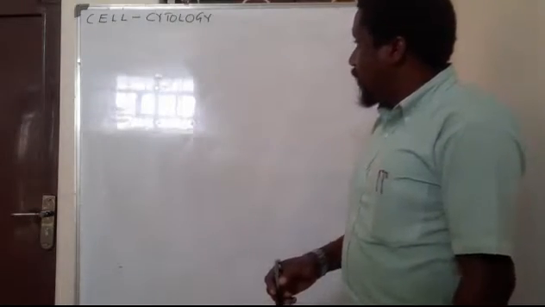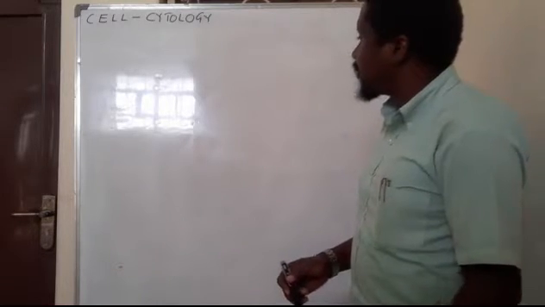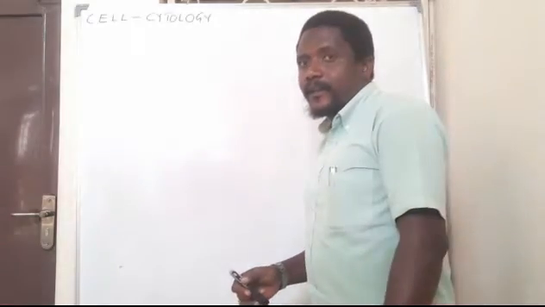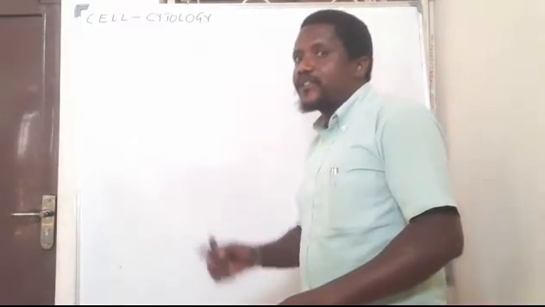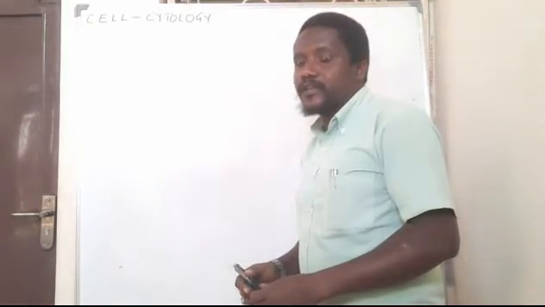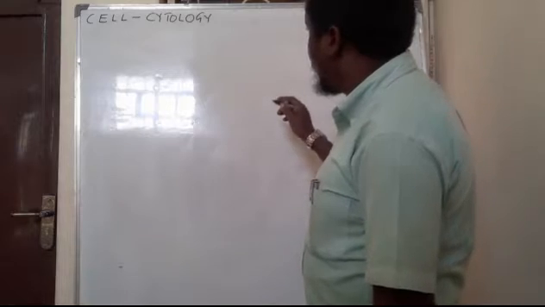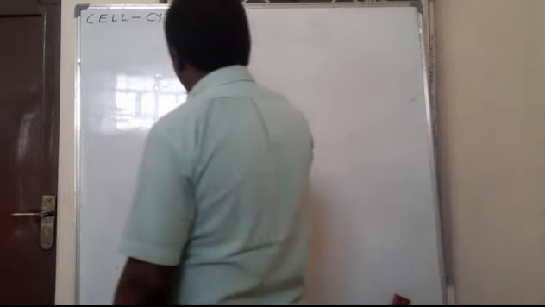So when you use an electron microscope, you can see that the cell membrane we described in the first video as a single layer is a two-layer structure. It's like this.